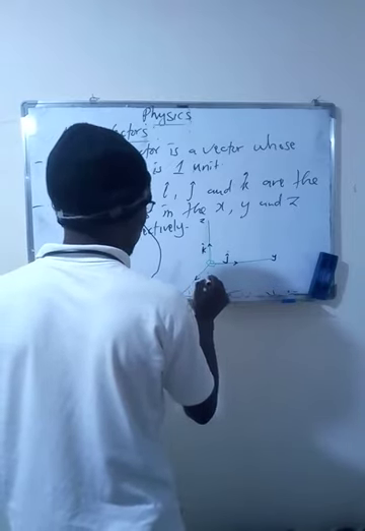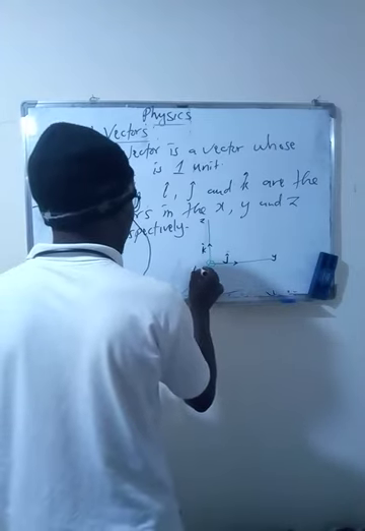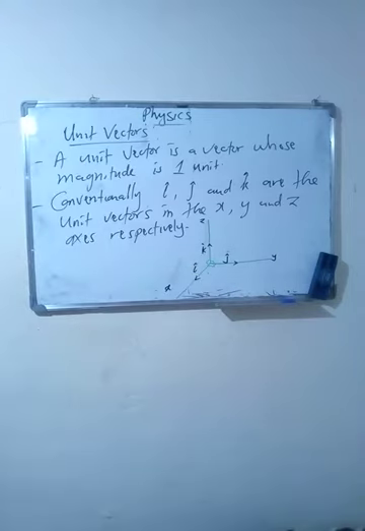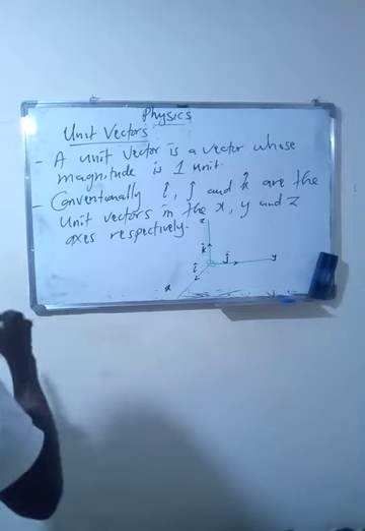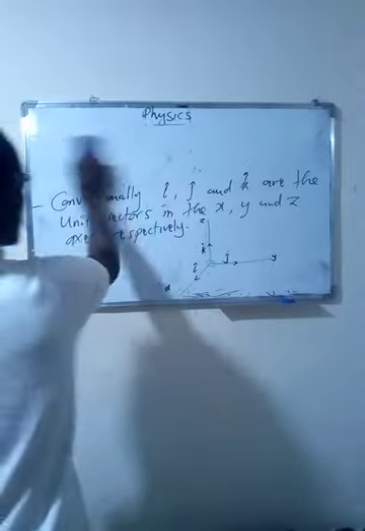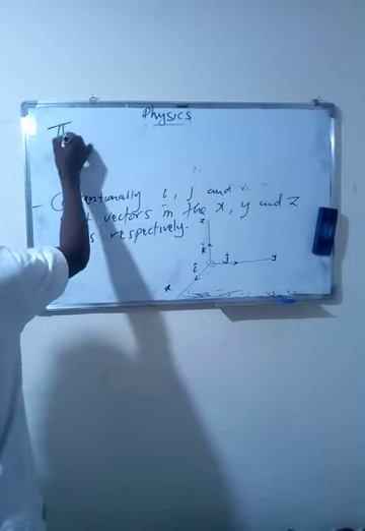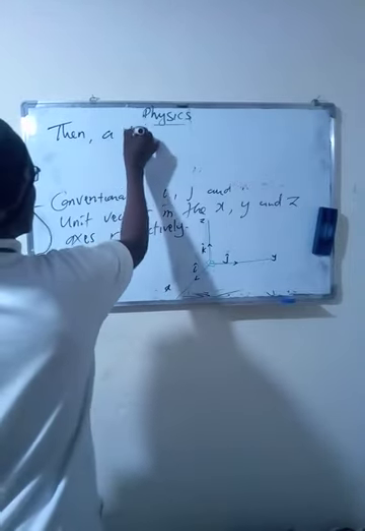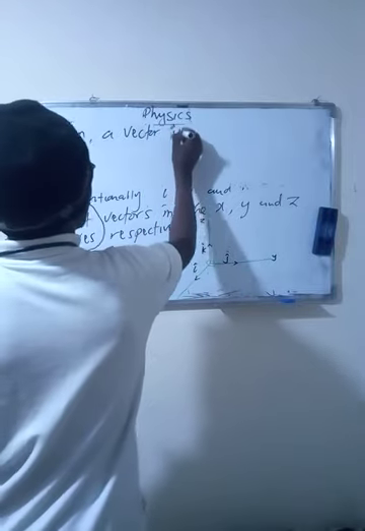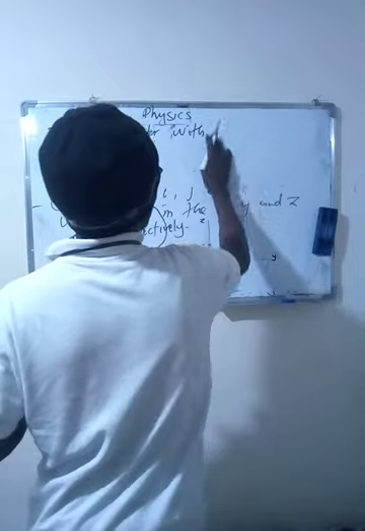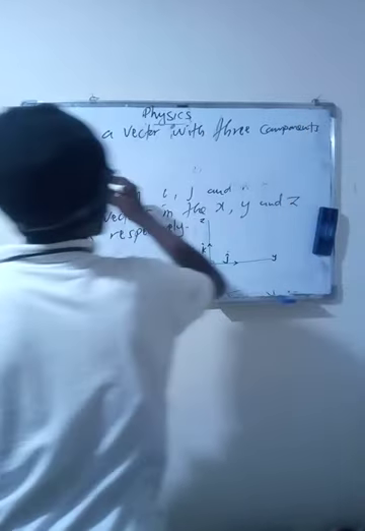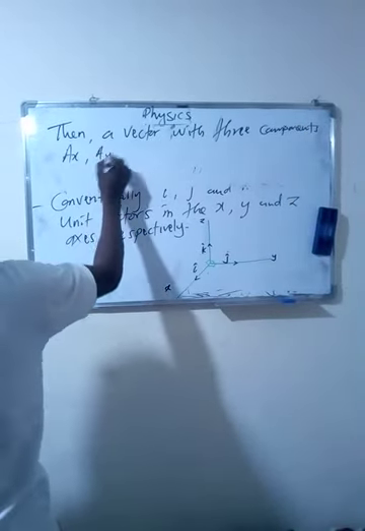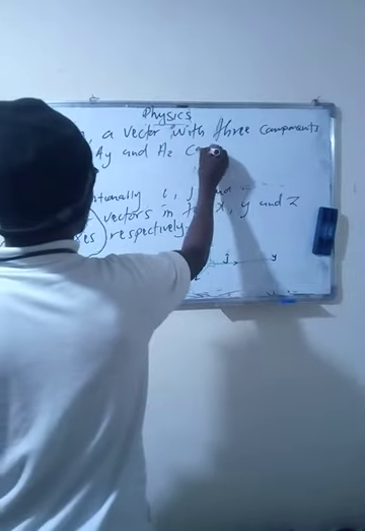So then a vector with three components ax, ay, and az can be written in terms of its unit vectors as what?